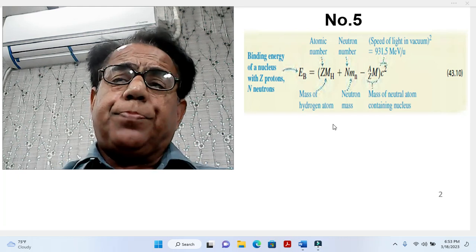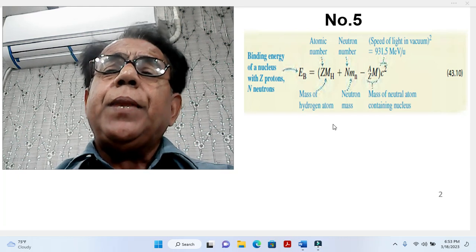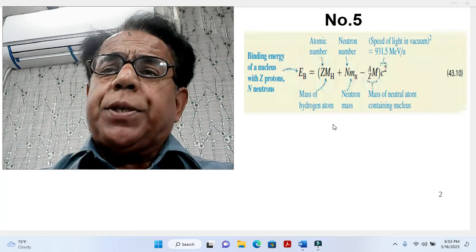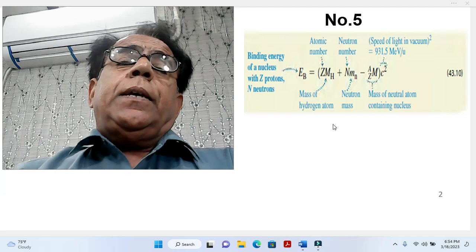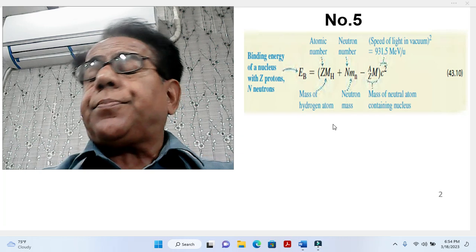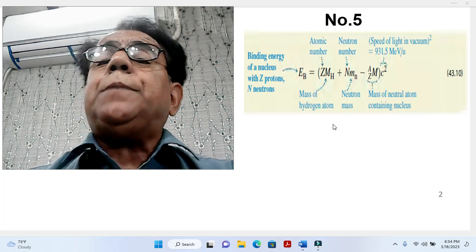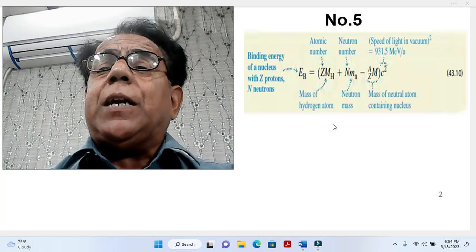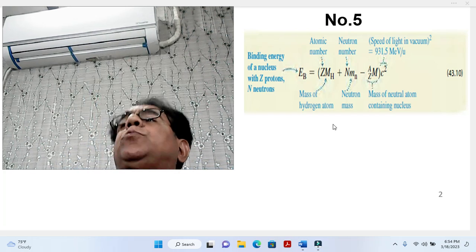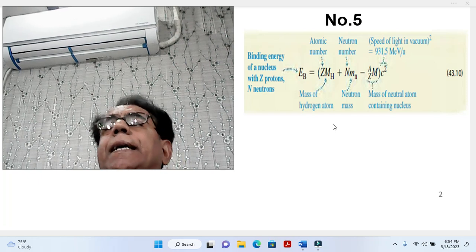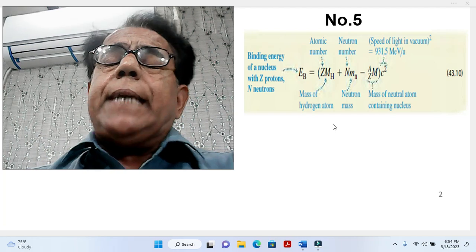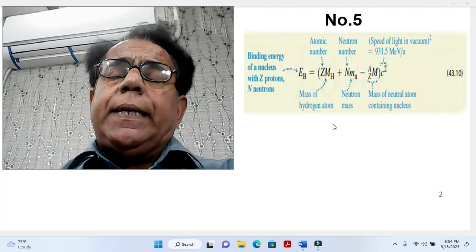Dear students, here the thing to be noted in this problem is that we will take value of C square in this manner, that is 931.5 million electron volt over U. That is to say, here we will not take value of C equal to 2.998 into 10 raised to the power 8 meter per second.